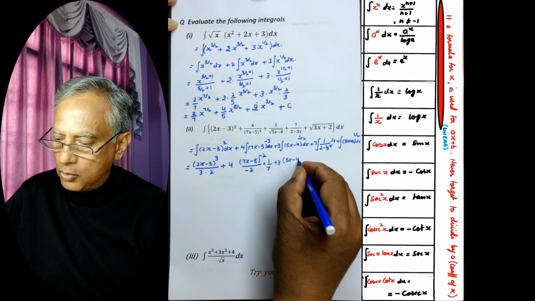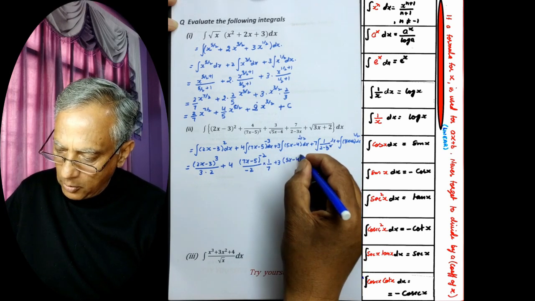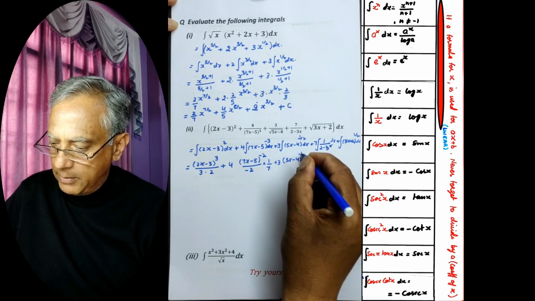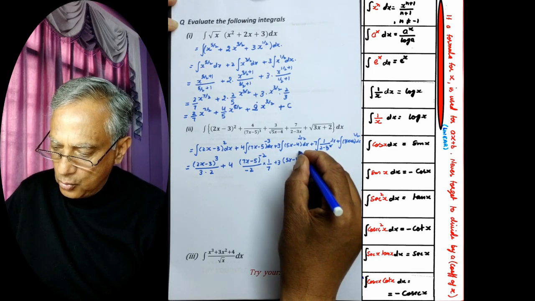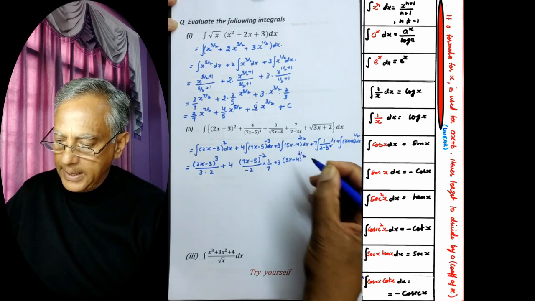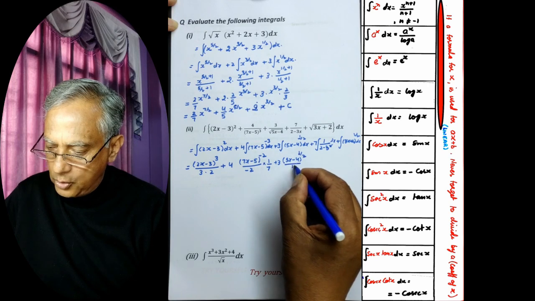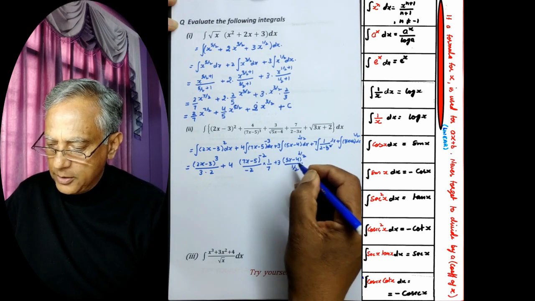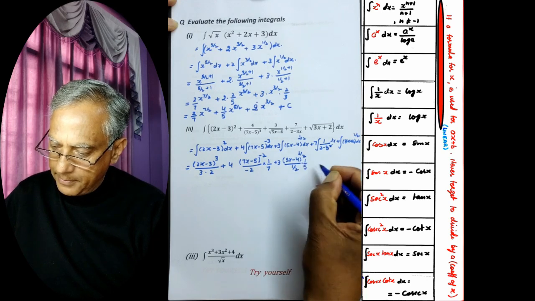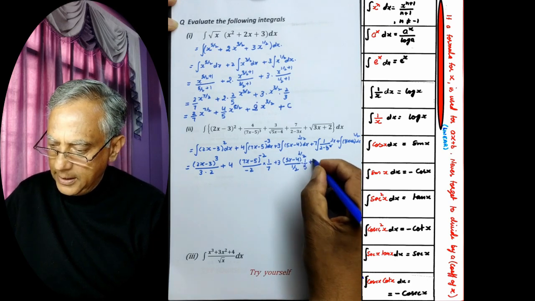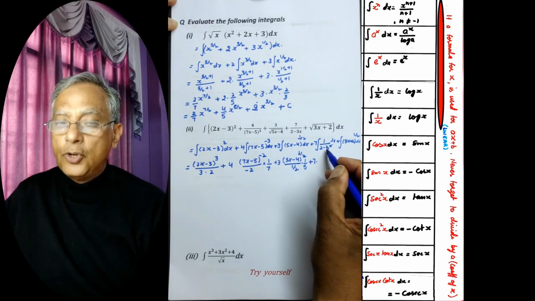We will use the formula for x to the power of minus half. So this will be x to the power of minus half plus 1. Minus half plus 1 will be 1 by 2, over 1 by 2, and we must divide by coefficient of x, that is 1 by 5 plus 7 into, now integration of 1 by x dx is log x.